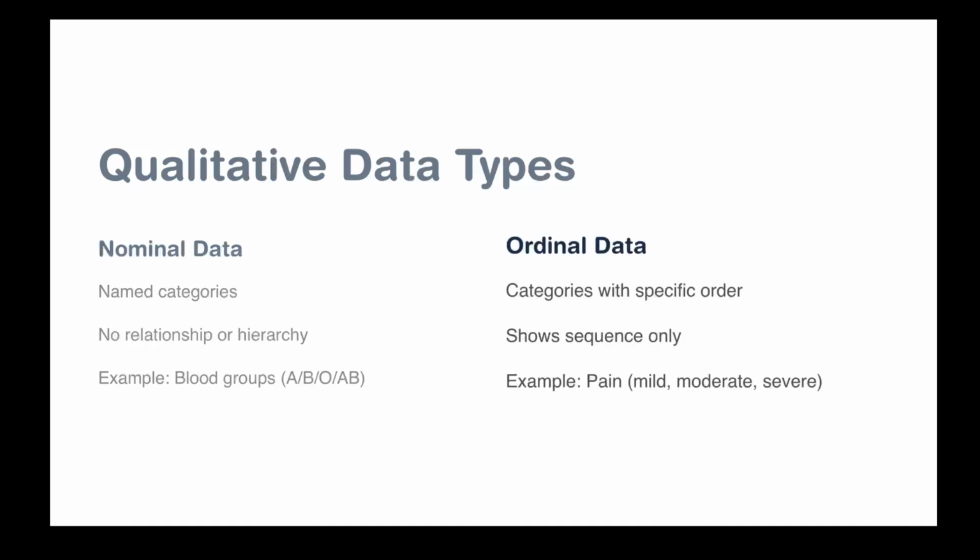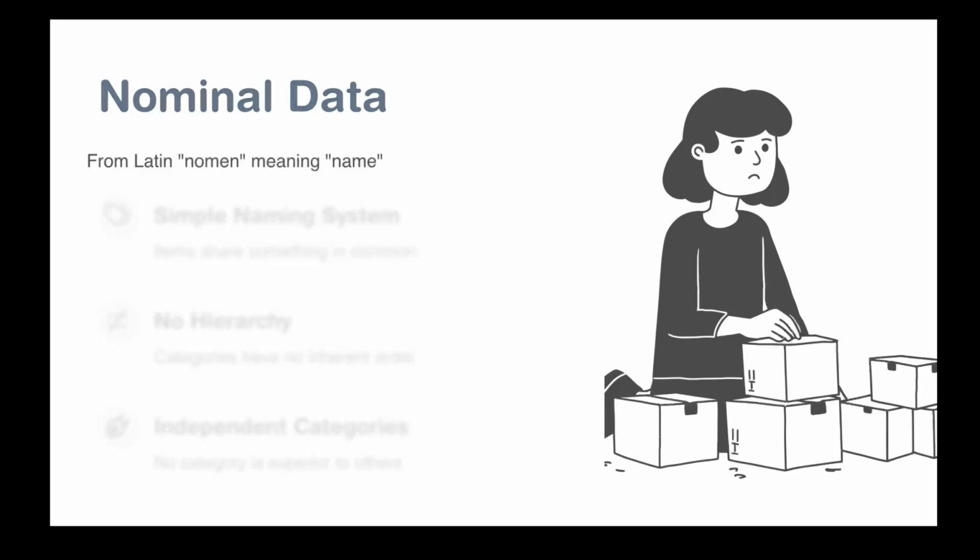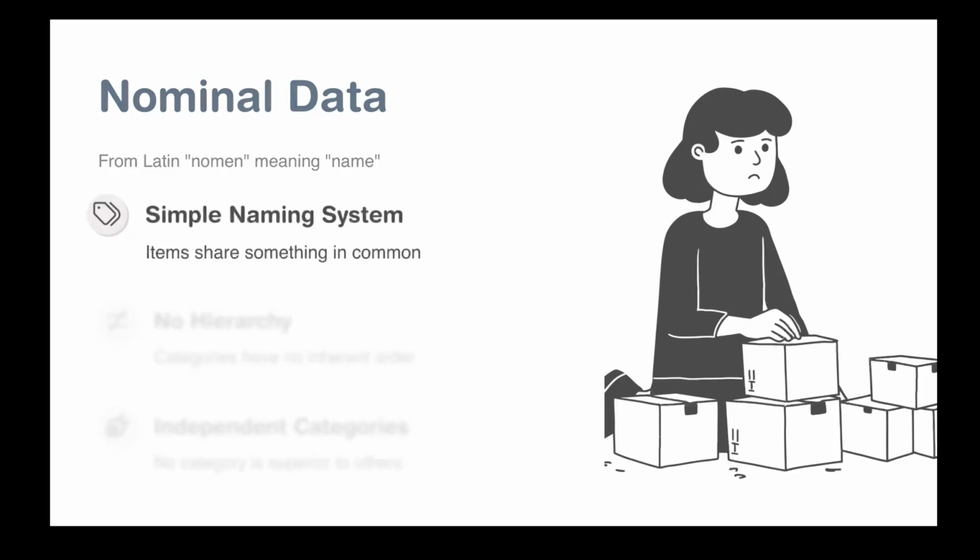Whereas ordinal data are categories with a specific order. It shows a sequence, right? Examples include pain: mild, moderate, severe pain, and fever: low grade, high grade fever. So these are ordinal data. Nominal data is derived from the Latin nomen, meaning name. It's a simple naming system.